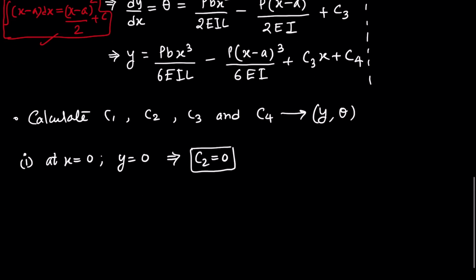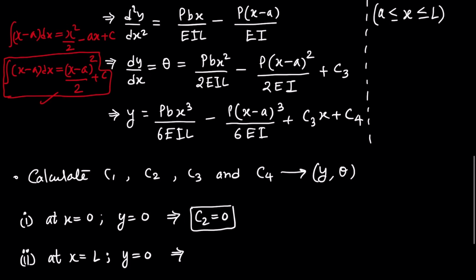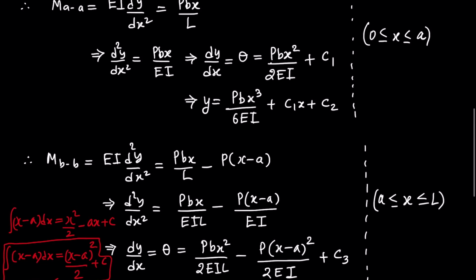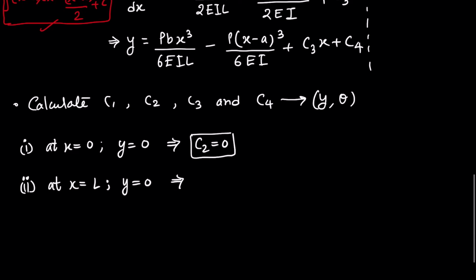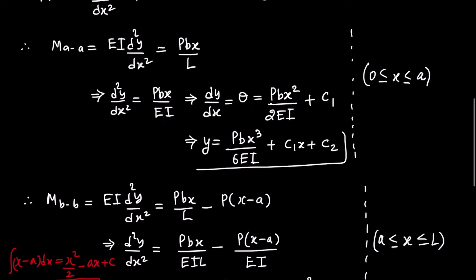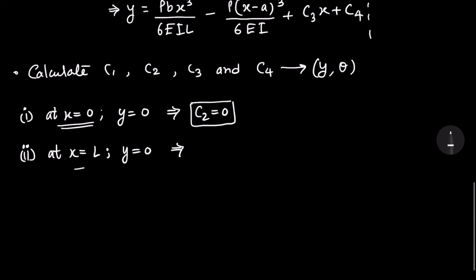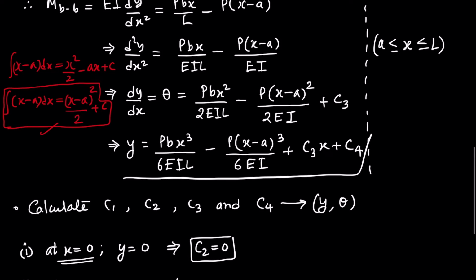Now the second boundary condition is at x = L, we have y equal to 0. So this implies, do keep one thing in mind, that at x = 0 we can only use this formula, and at x = L we can only use this formula.